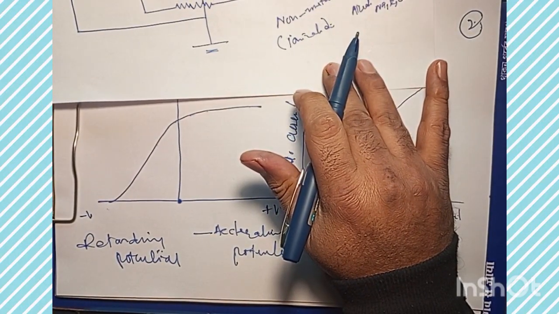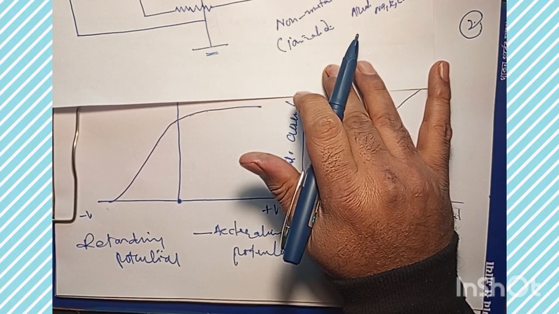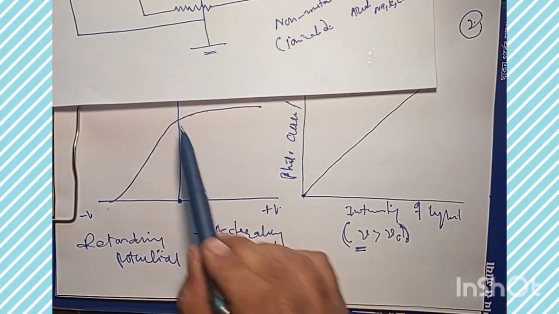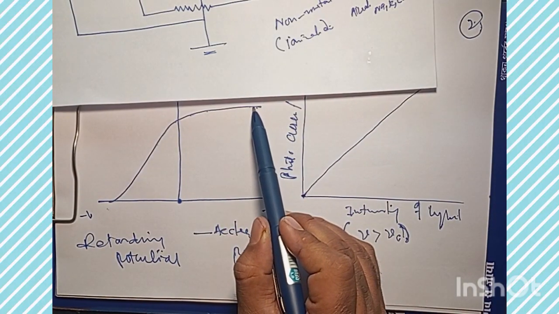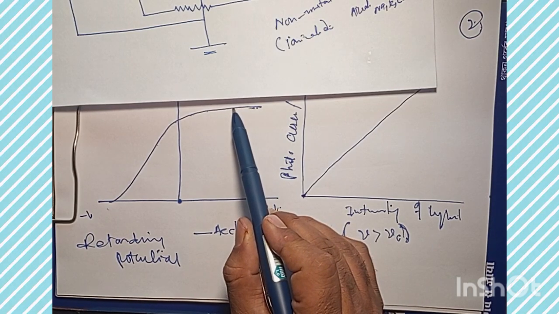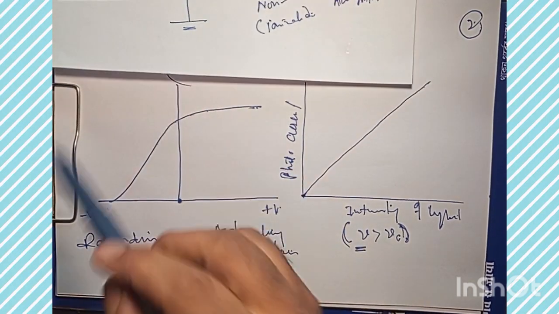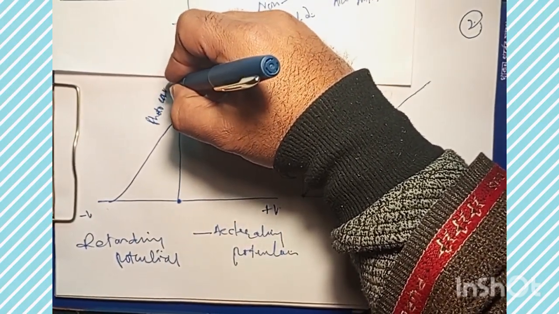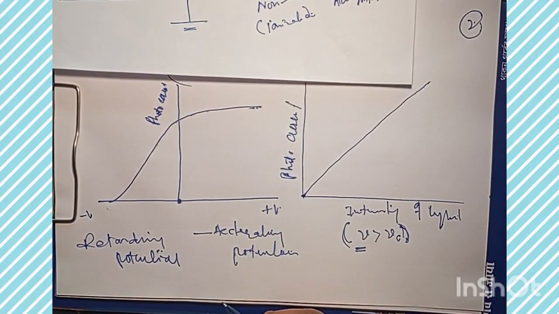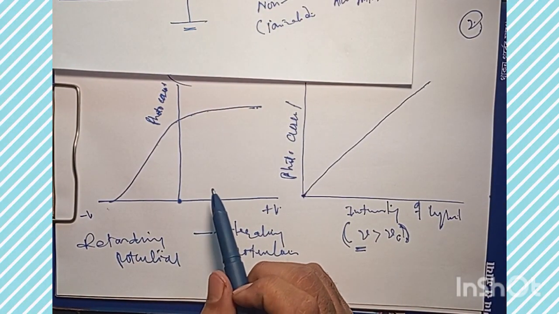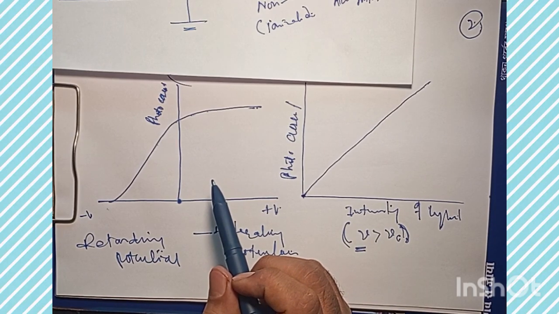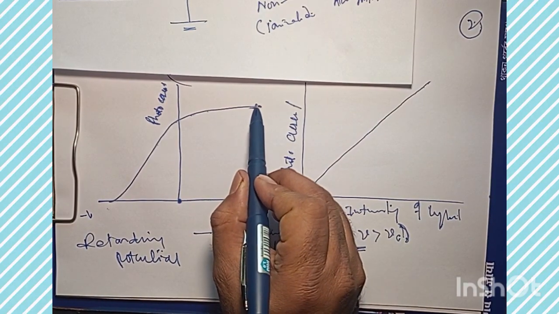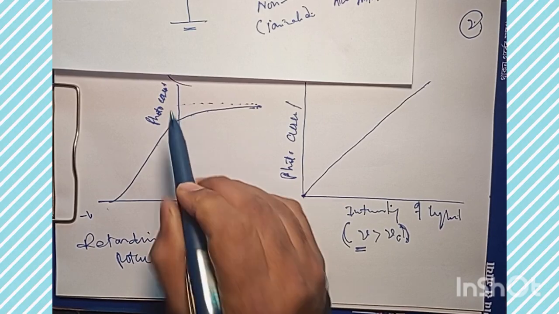Now what we see here is that if we start decreasing this accelerating potential, the photoelectric current remains there. This is photocurrent. The maximum value of current that we have here, we call this current the saturation current.